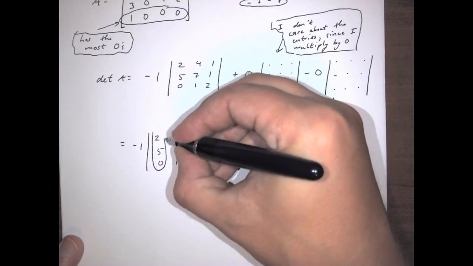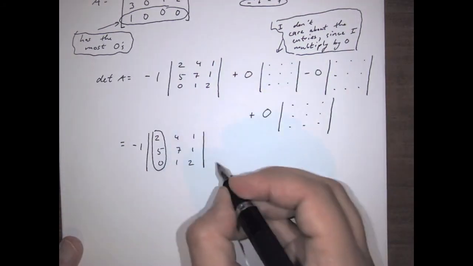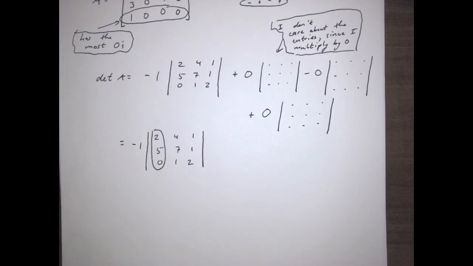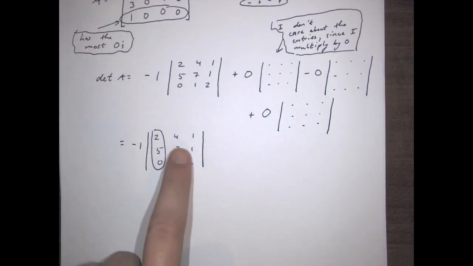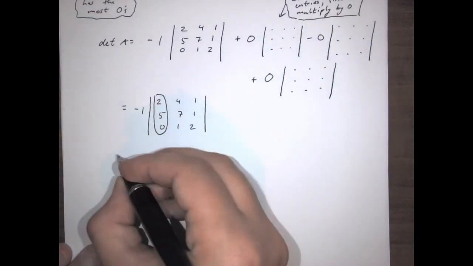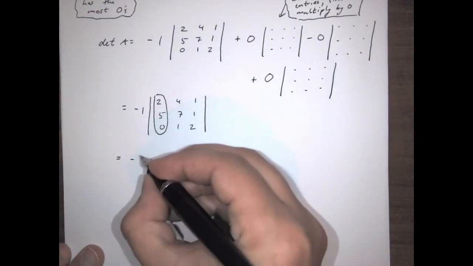It's the only column that has any 0. My two choices would be either column 1 or row 3. And the reason why, if you want to know my rationale for picking the one that has bigger numbers rather than smaller numbers, is that when I'm doing my little subdeterminants, the numbers involved in that will be smaller. But it's not really a big important matter.